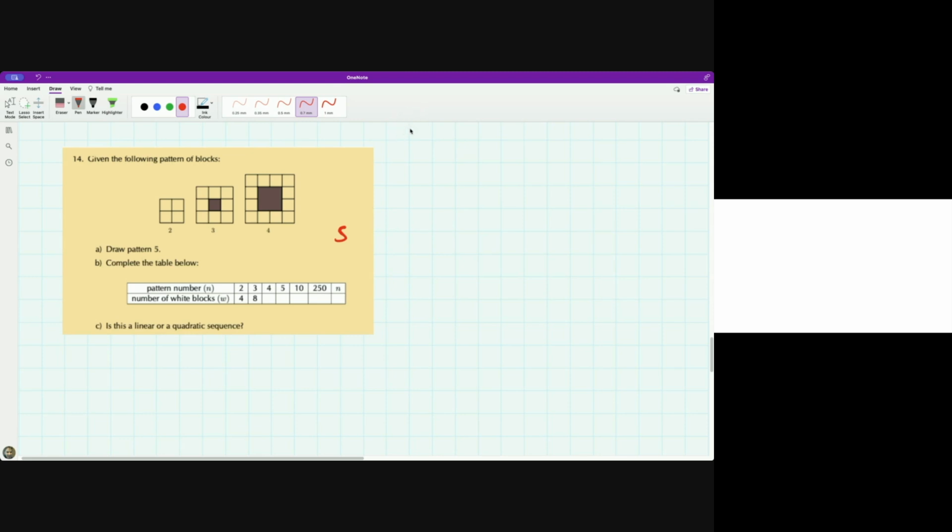Time to color in a bit. How big would your square look?